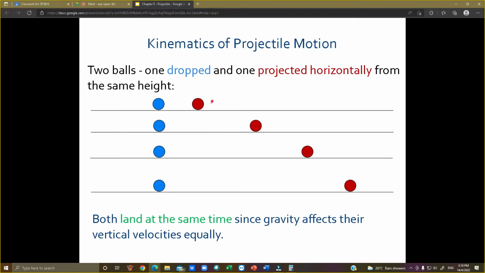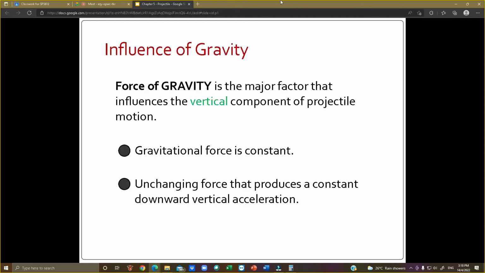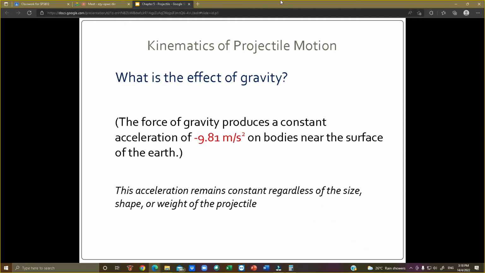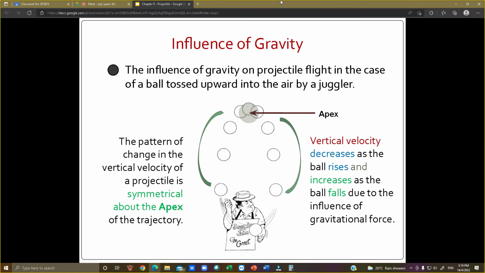So to prove that, they came up with this experiment. You can do it, find balls or anything that are the same. Okay, another one.